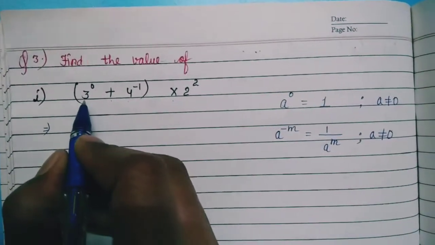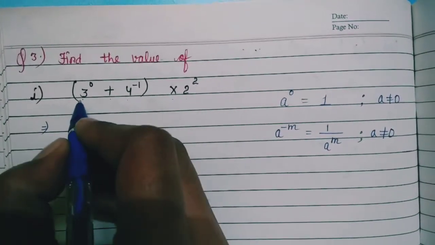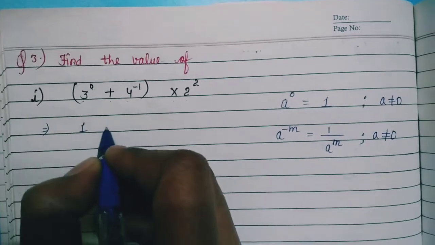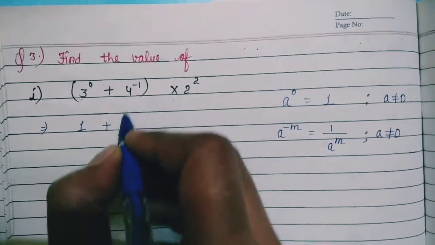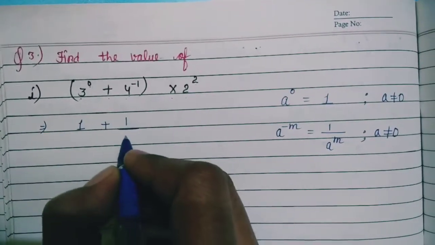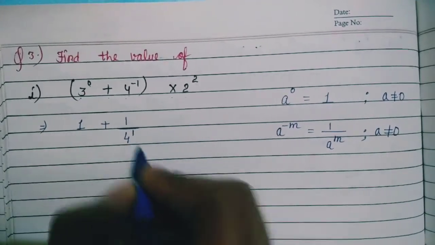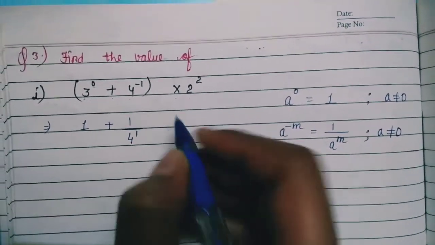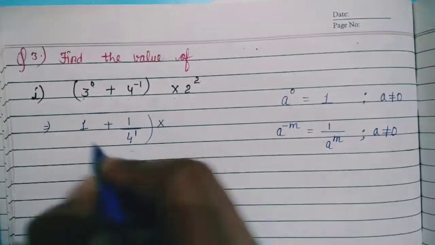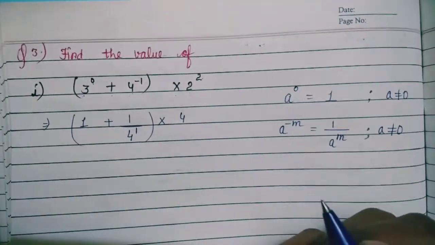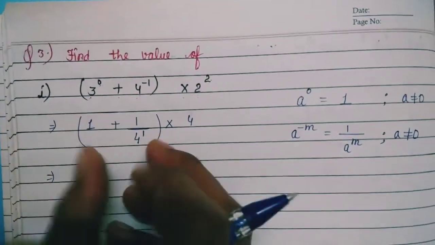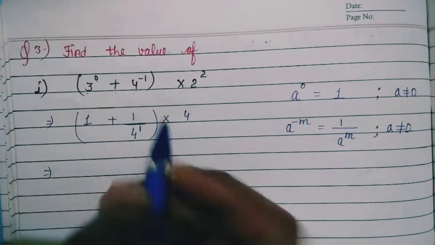Okay, here a is 3, it means 3 raised to the power 0 is 1. In this case this 4 will come in the denominator having 1 in the positive exponent, and 2 square is 4. Okay, simply we will solve this bracket using cross multiplication.